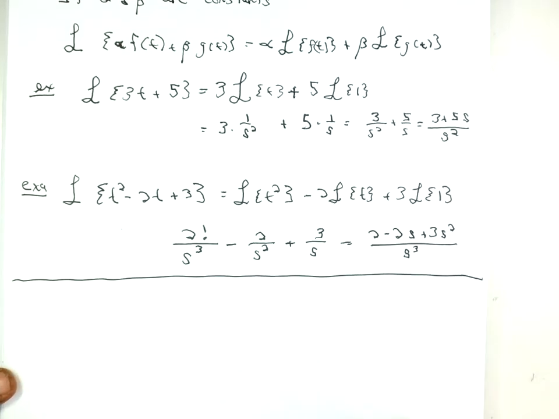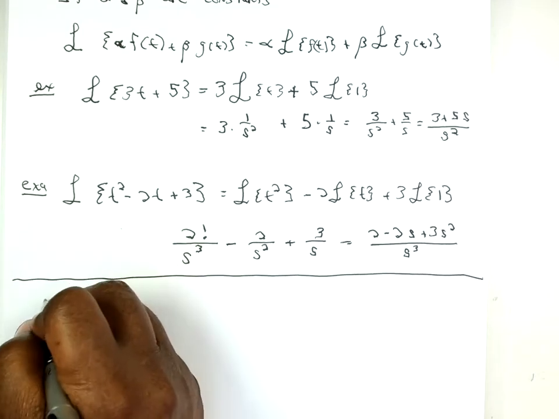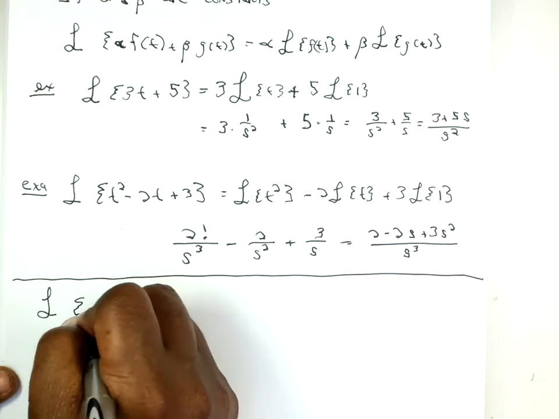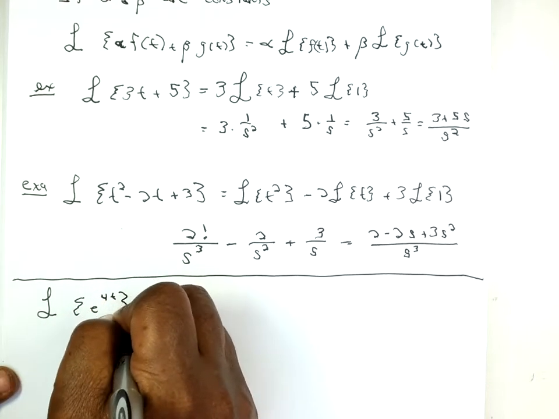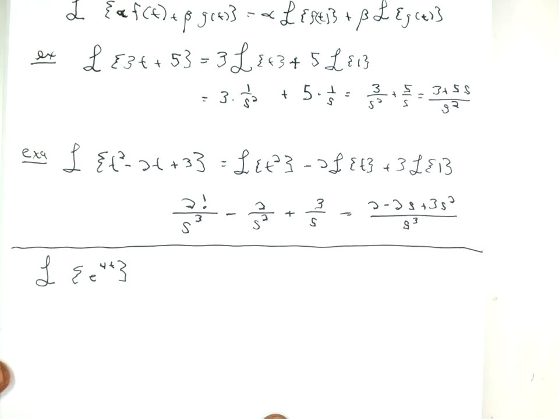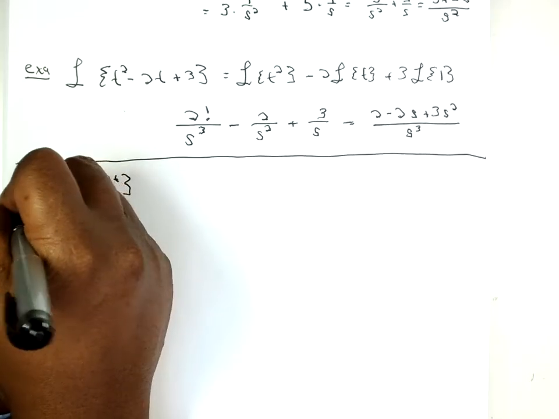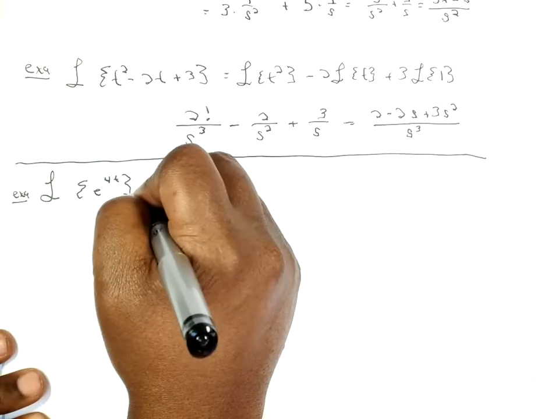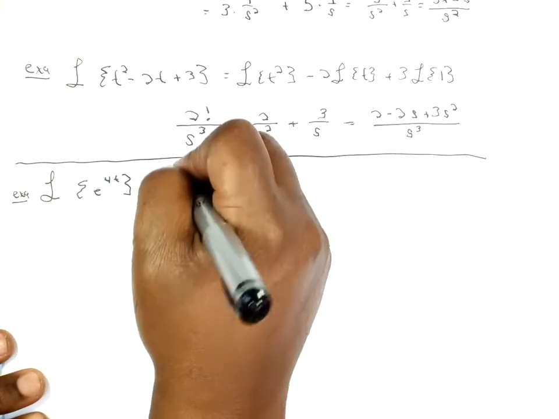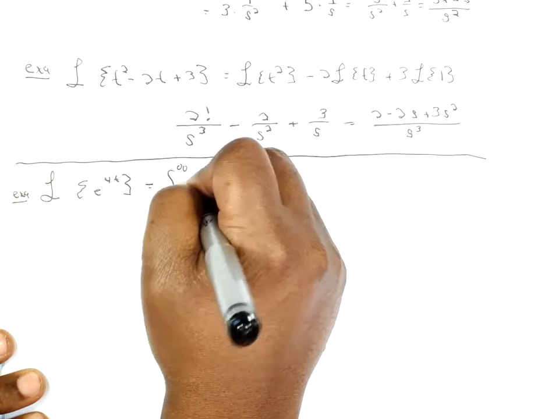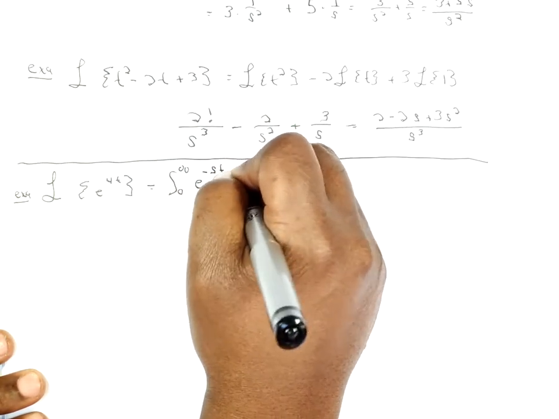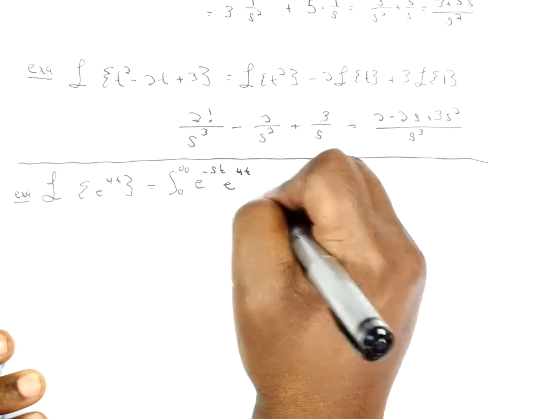Alright, so those are the linear factors. So let's find another Laplace. I want to find the Laplace transform of e to the 4t. So 0 to infinity, e to the negative st times e to the 4t.